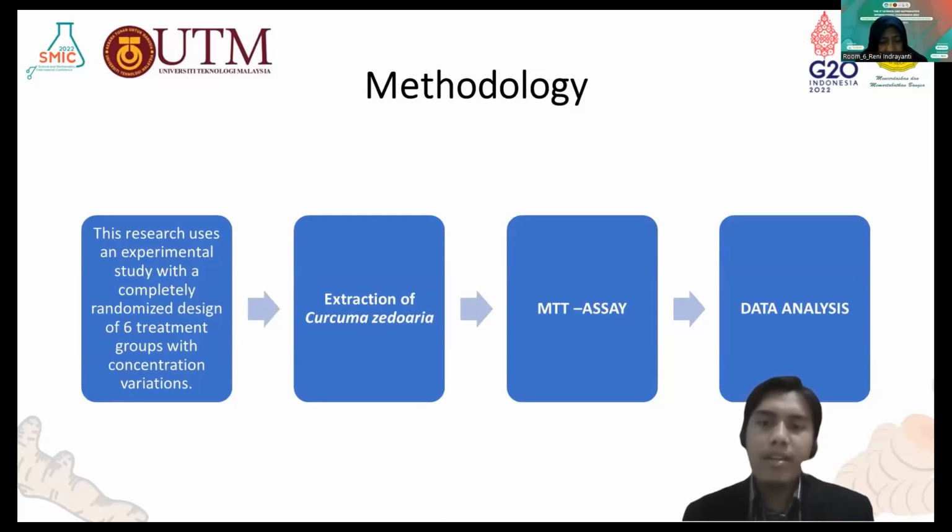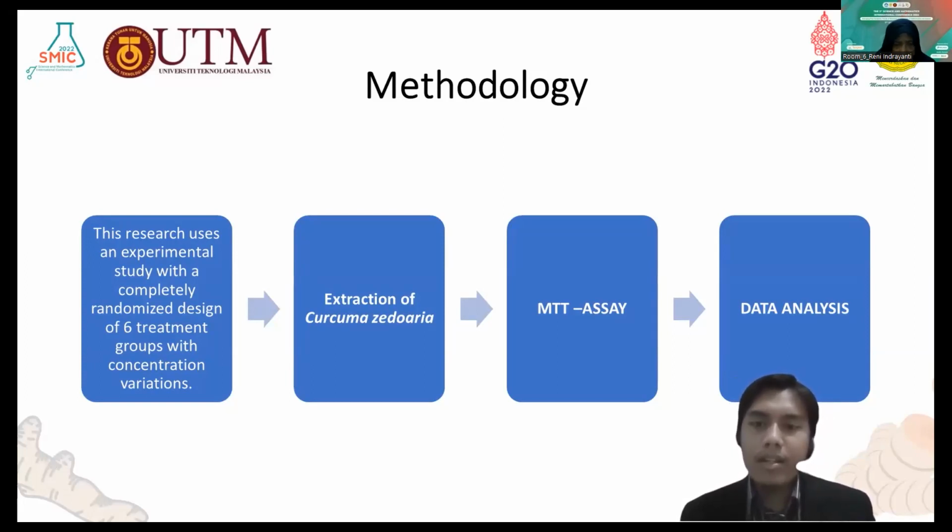The extraction is carried out in the Molecular and Biochemistry Laboratory, Faculty of Mathematics and Natural Science, Universitas Negeri Jakarta. Then for the MTT assay, the MCF7 and HEPG2 cells were plated in a 96-well plate and incubated for 24 hours. Then the cells were treated with the turmeric extract.